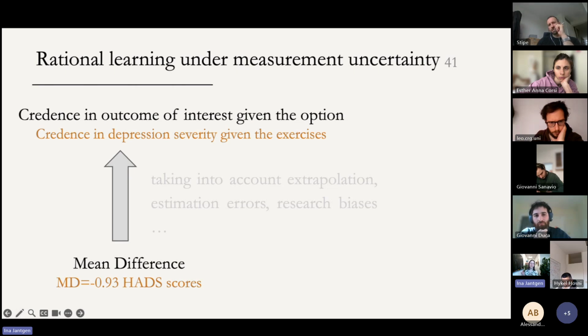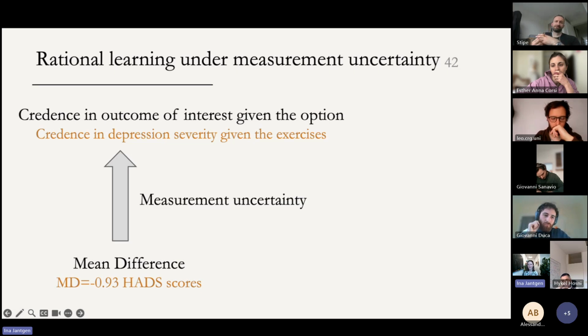So for instance, the mean difference of minus 0.93 HEAD scores adequately describes the expected reduction in HEAD scores your patient would experience if they were to be involved in the exercise program. That's the assumption. But of course, what we're not ruling out here is measurement uncertainty.